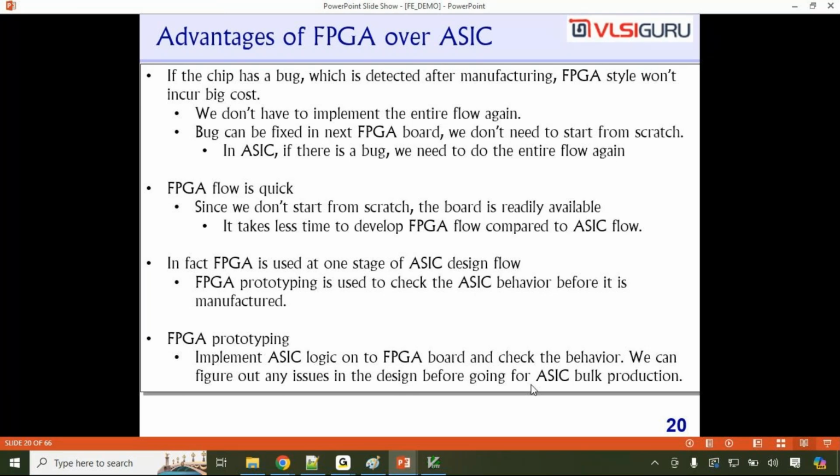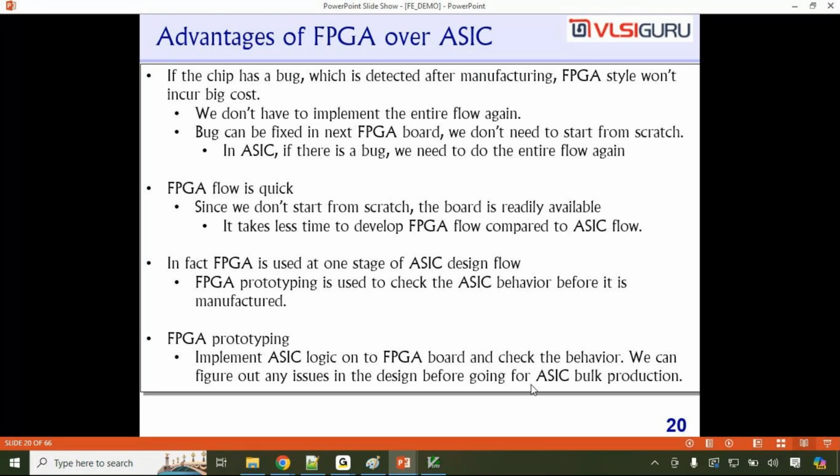Means instead of me spending multiple millions of dollars and finally figuring out that there is some issue, I will first check it on the FPGA board whether my logic is working fine or not. If it is working fine, then I will go ahead with ASIC. If not, I'll fix the issue, and again check with the FPGA board. If it is working, then I'll go ahead with ASIC. So first, I can always check the logic on FPGA.